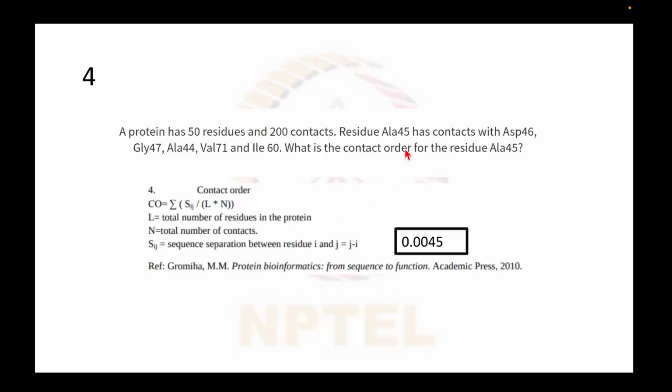The numerator is separation. The separation between 45 and 46 is 1, plus separation with glycine 47 is 2, 1 plus 2. Again with alanine 44 is 1. So 1 plus 2 plus 1 plus 16 plus 26 plus 15. So this is the numerator. When you divide this separation with 50 into 200, the value we get is 0.045.